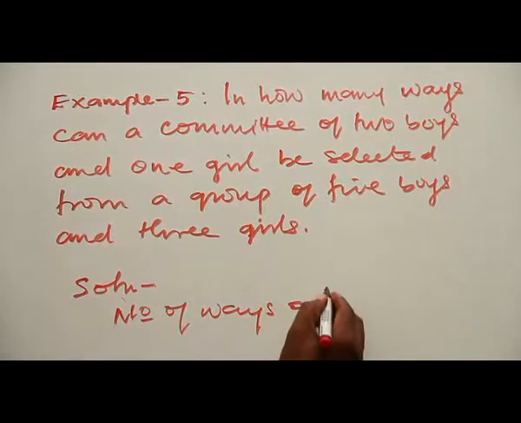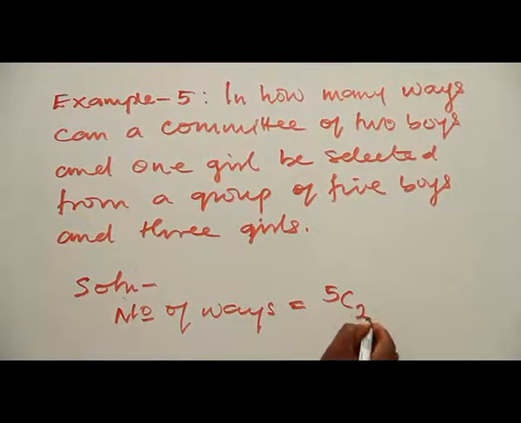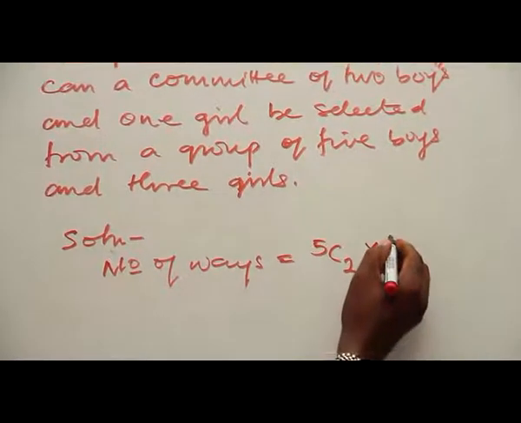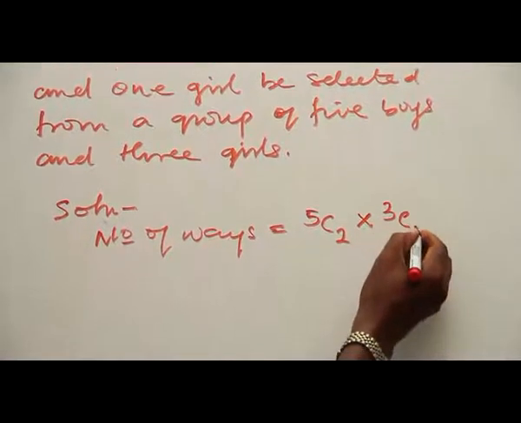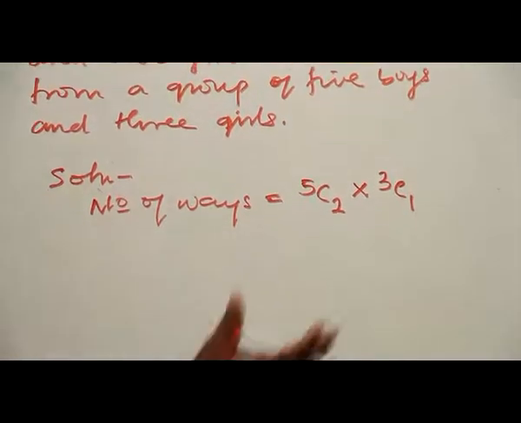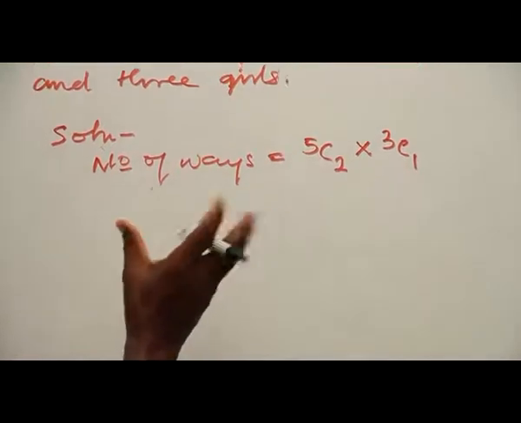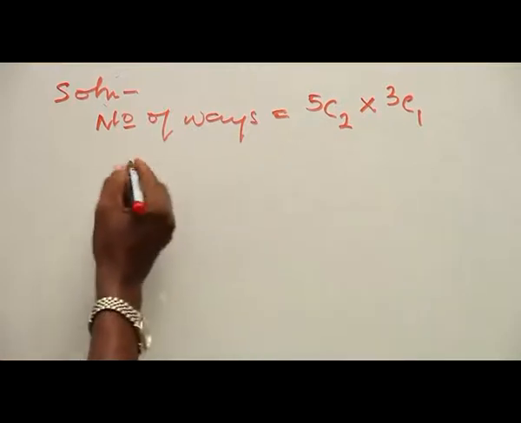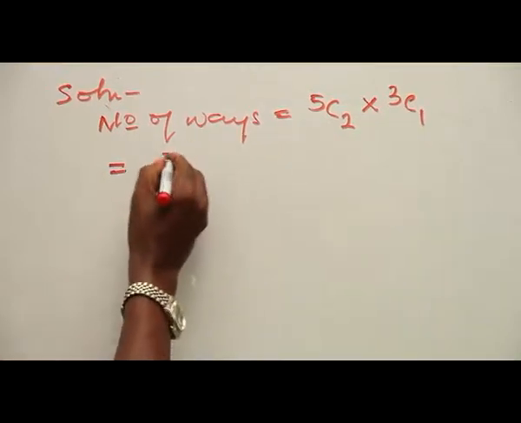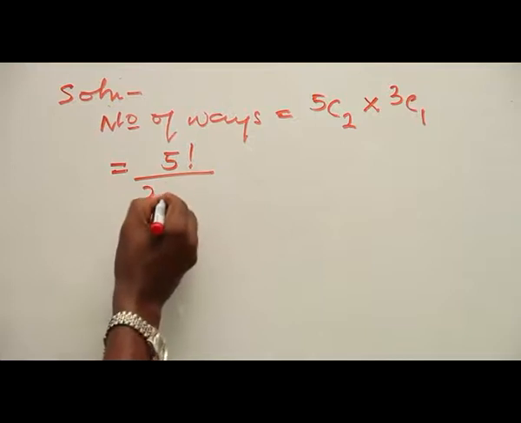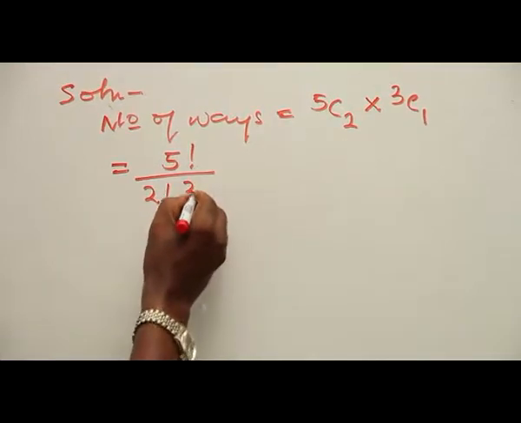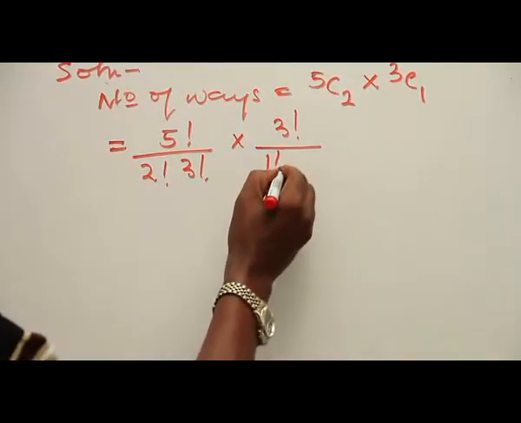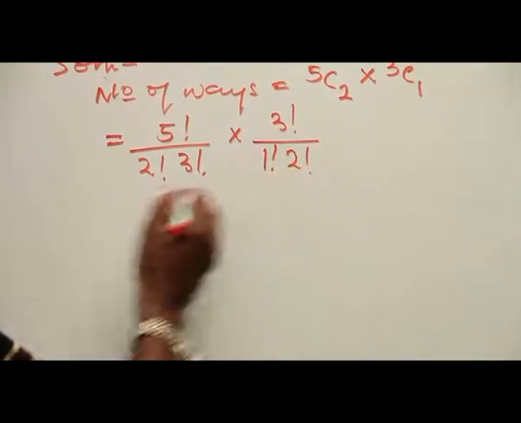We select 2 from 5 boys, and then we select 1 from 3 girls to form a committee. So that's how we're multiplying. And so at the end we have 5 factorial over 2 factorial times 3 factorial, and then 3 factorial all over 1 factorial times 2 factorial.